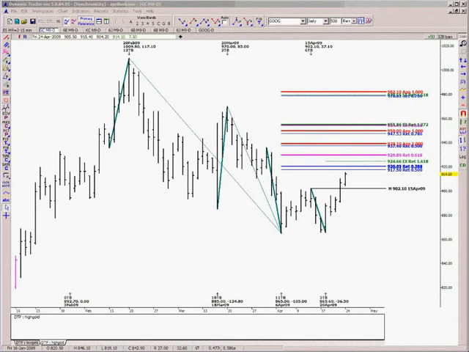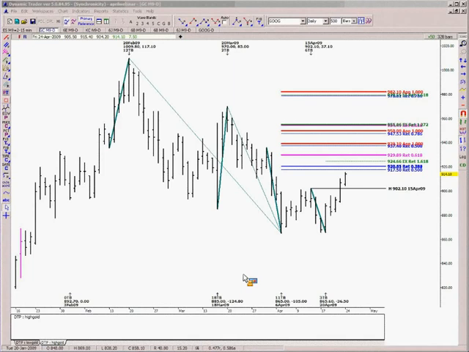Okay, let's see. I'm going to see what other questions I could find in here that I didn't see. One question was why the 34 EMA. I mean, it is a Fibonacci number, but I just got that from another group that was using it, and I noticed that it seemed to match up very well with some symmetry projections.